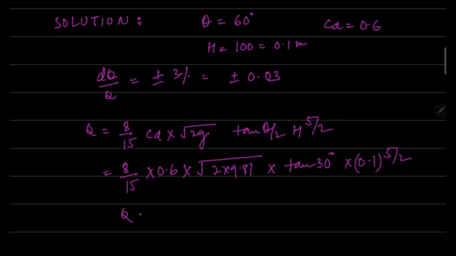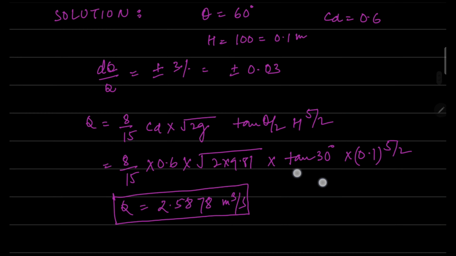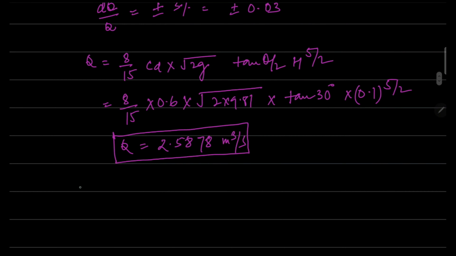If we calculate, the q value comes out to be 2.5878 meter cube per second. That is the q value. We are already aware that dq over q for the triangular notch is 5 by 2 times dh over h.